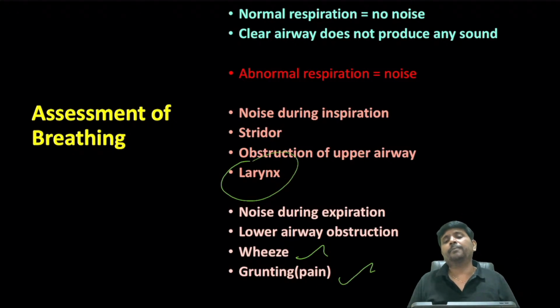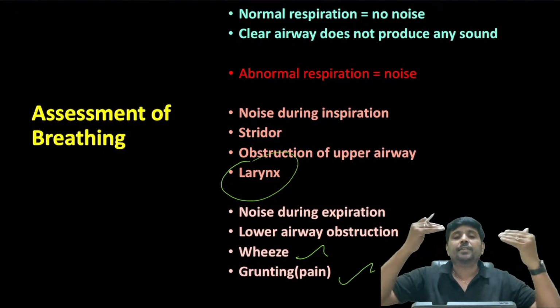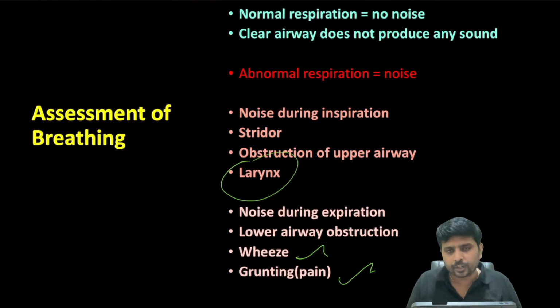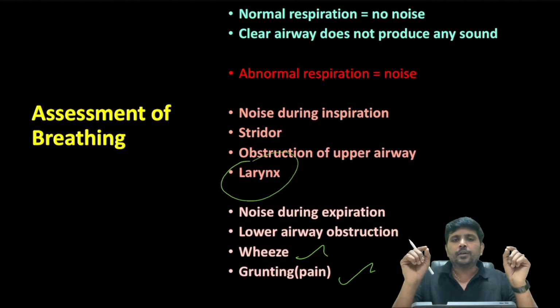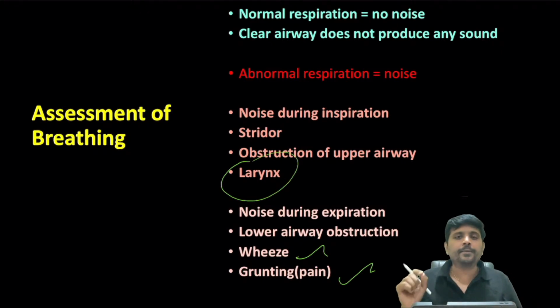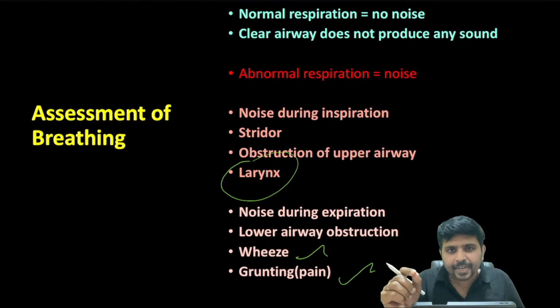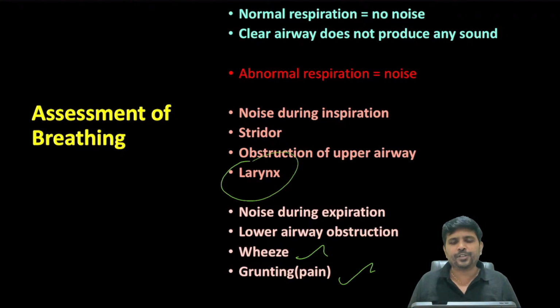Grunting is nothing but the expiratory sound takes such a long time to come out because of the partially closed glottis. So you don't hear any noise during breathing. If you hear noise during breathing, it indicates that there is some kind of obstruction. Stridor indicates upper respiratory obstruction, whereas grunting and wheeze indicate lower respiratory obstruction.